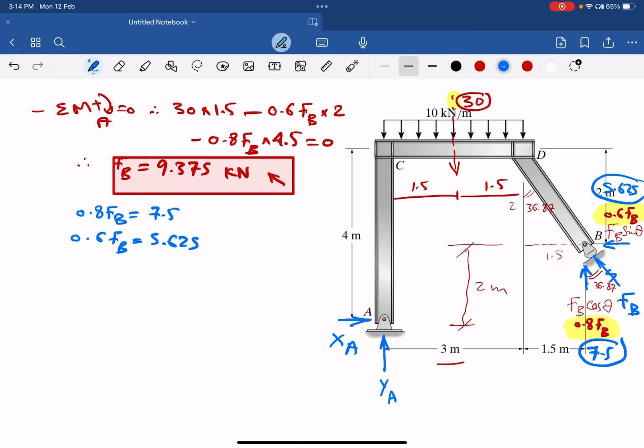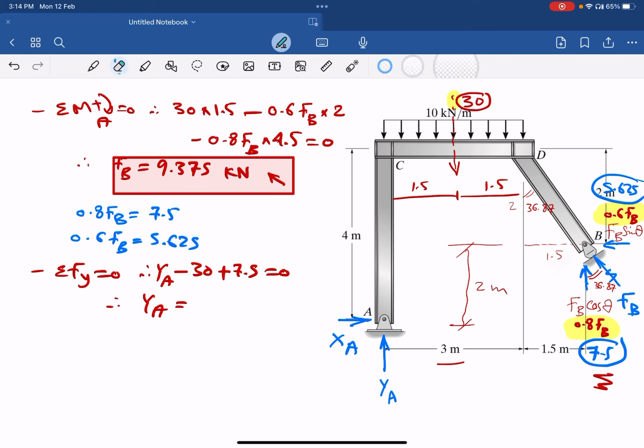Now we are ready to continue. If we take summation of Fy equals 0, therefore YA, which is still unknown, minus 30, the force that we have here, plus the component 7.5 equals 0, and therefore YA equals 30 minus 7.5, which is 22.5 kilonewton going up.